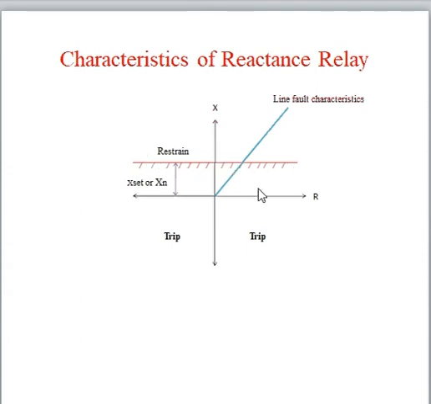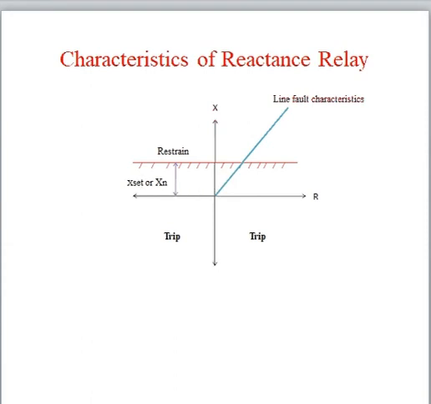Below that line is the operating region, and above that line is the non-operating region. This is the trip, and this is the X set value. If X seen is less than X set, then the relay will operate, otherwise the relay will not operate.